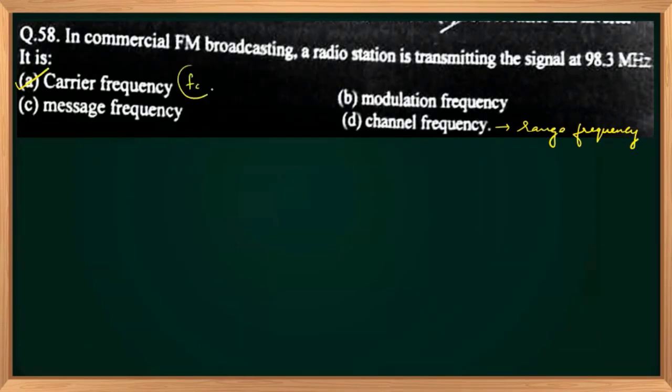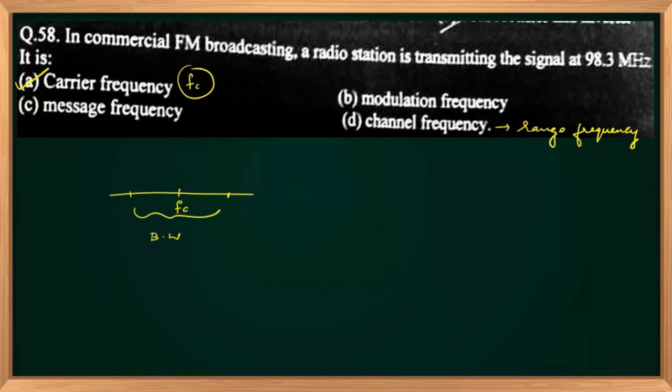Okay. And the modulated signal is centered about FC. It will extend from the center frequency FC over a frequency range. This is the required bandwidth, FC minus delta F. We have already obtained the bandwidth.